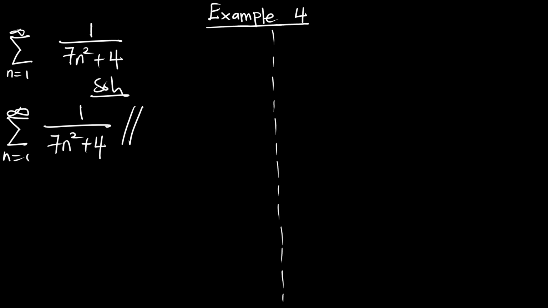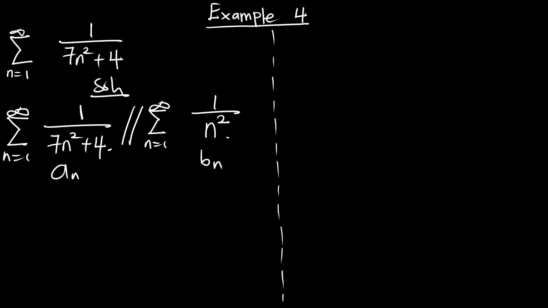I can compare this to a series, the summation from n equal to 1 to infinity of 1 on n squared, because if n is large, then we can ignore the plus 4, or even the multiplying by 7. Is that true? Yes. Now with this, which one is the largest? This is going to give us the largest. This is going to be our an, the smallest, because for an equal numerator of 1, this one is going to divide by a larger number as compared to this.